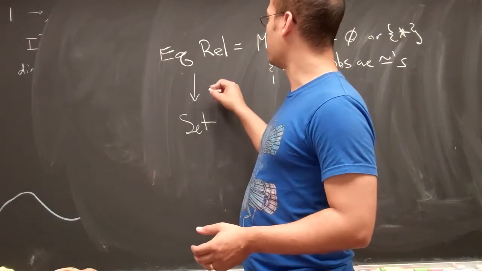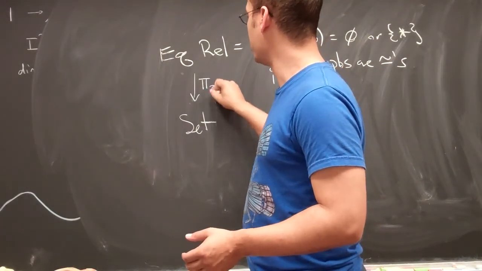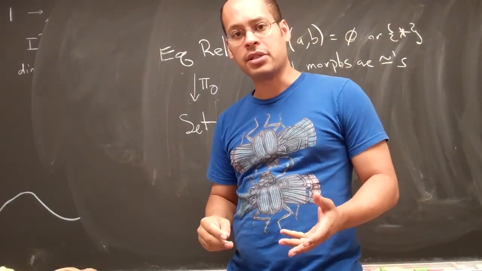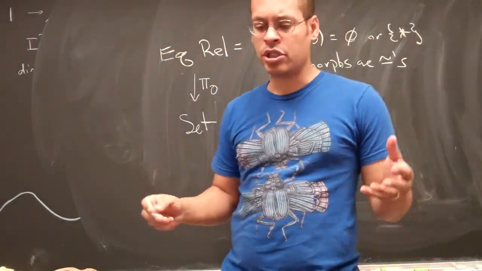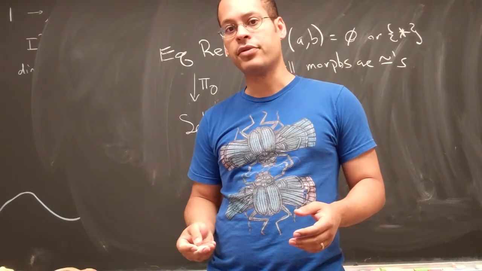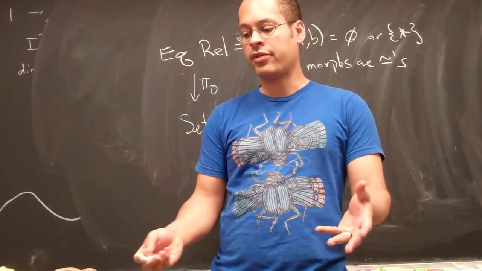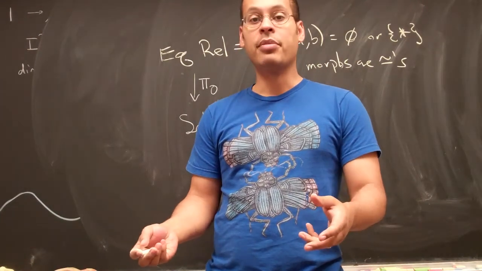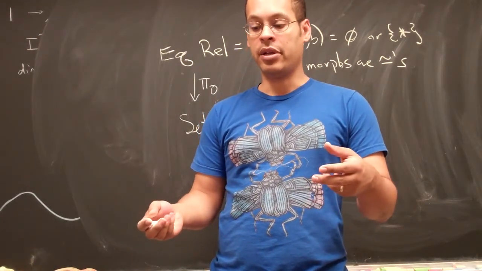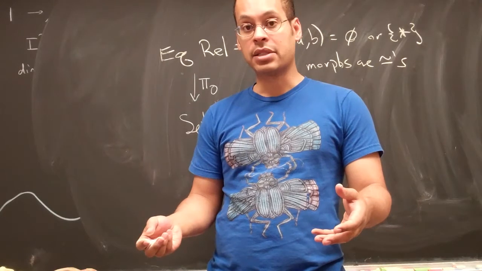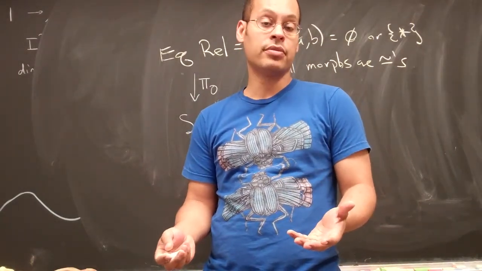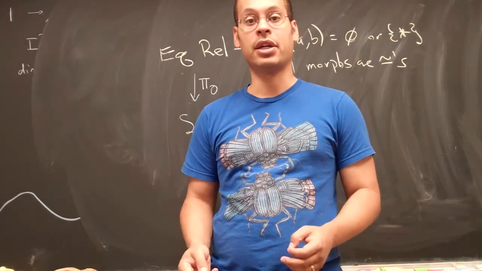So there's a natural functor, called pi naught, from any equivalence relation to a set. And by doing this to our Isom sheaf, we take our category fibered in equivalence relations, and from it we get a category fibered in sets, and this is a presheaf, a functor, and that's the Isom presheaf.